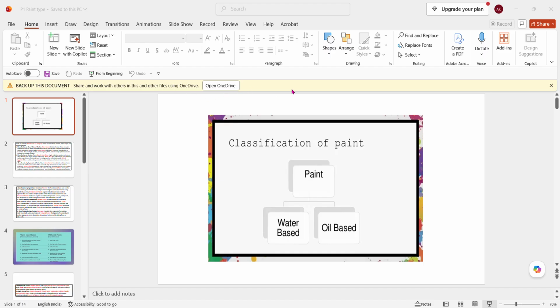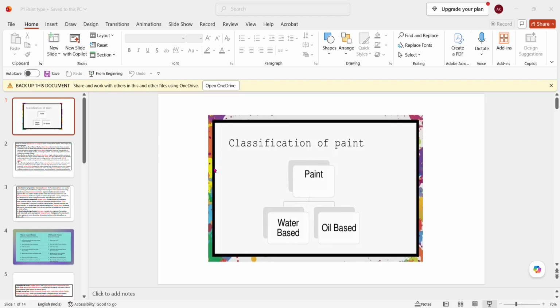It is weather resistant and has properties that make it alkali and acid resistant too. Synthetic rubber paint is used here. This is also oil based.